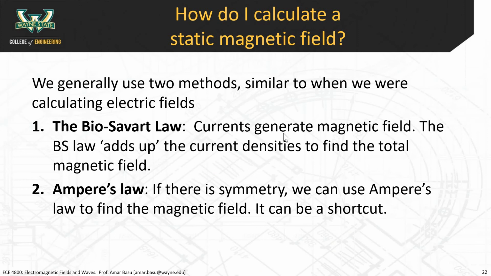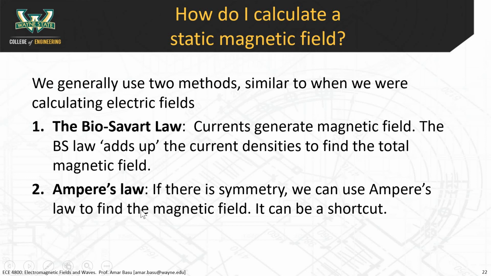There are two strategies that we often use, and you'll have some homework questions on this. The Biot-Savart law is the brute force approach, if you will. The Biot-Savart law adds up the current contributions to find the total magnetic field. Basically, whenever you have a flowing current, it's accompanied by a magnetic field.